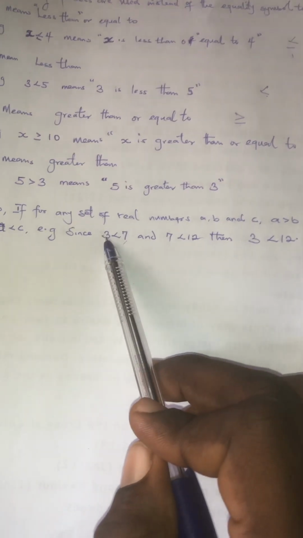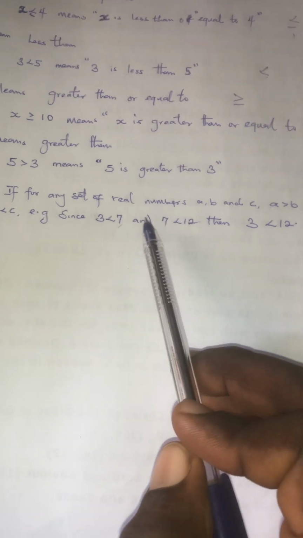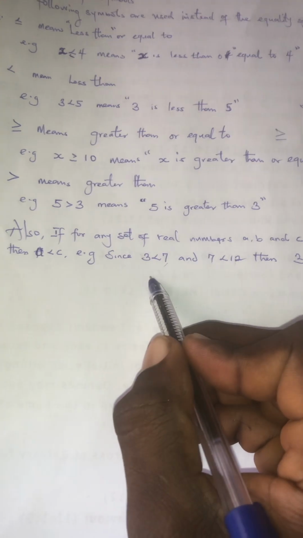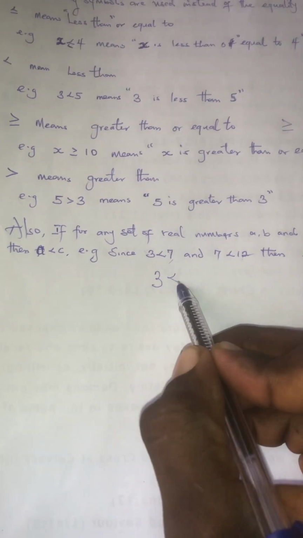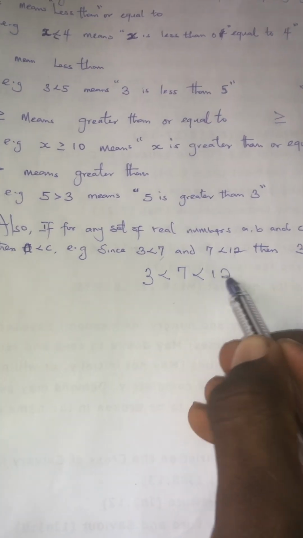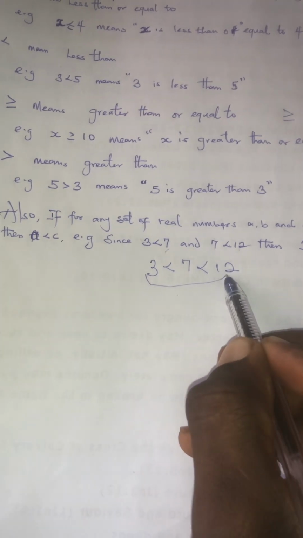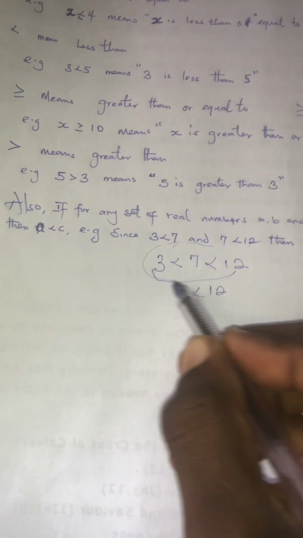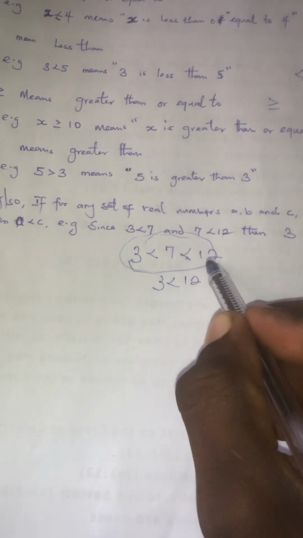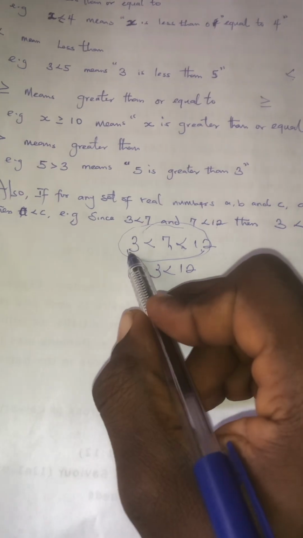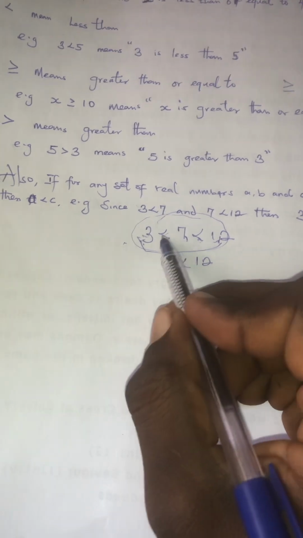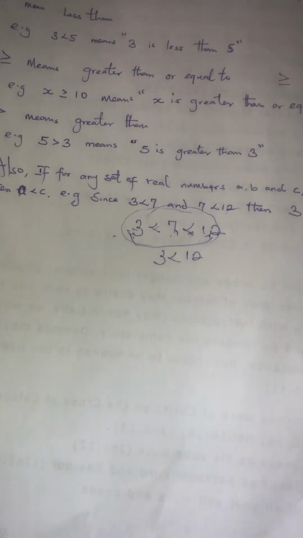It means that 3 is less than 7 and 7 is less than 12, so definitely 3 is less than 12. That is, 3 falls in the range of 3 less than 7, less than 12.